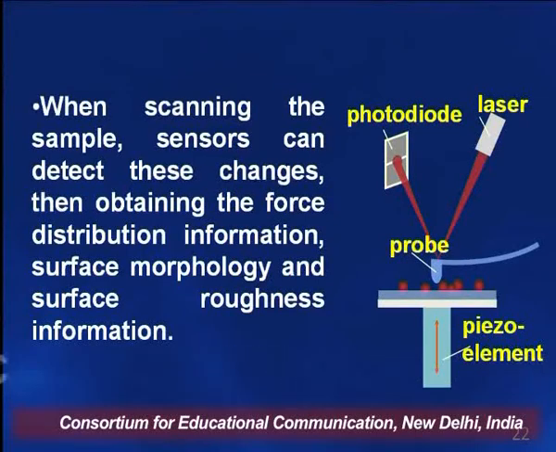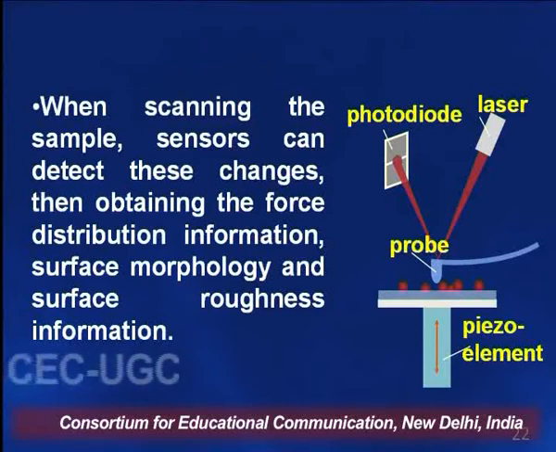When this scanning takes place, the sensor can detect these changes by obtaining the force distribution information between the surface and the tip, and we can get the surface morphology and surface roughness information by using the movement of the tip of the cantilever.